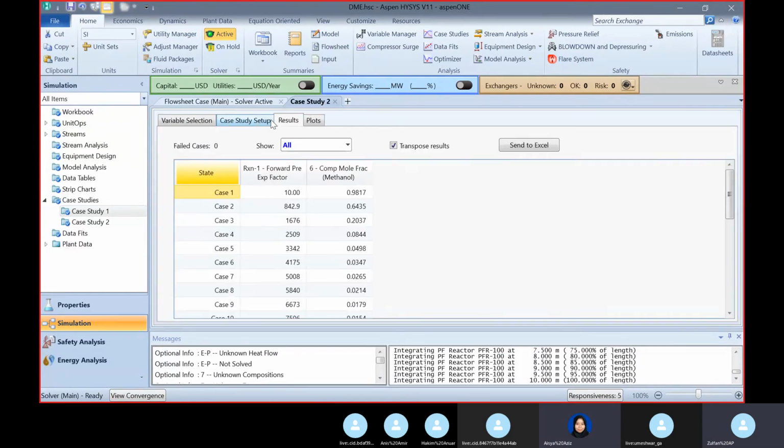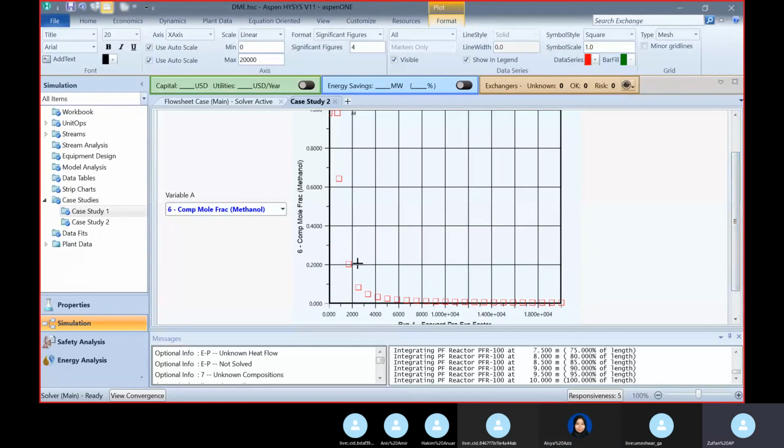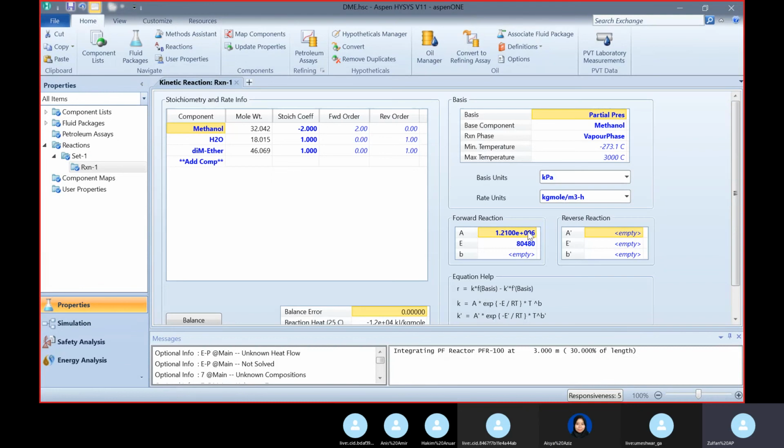Go back to plots. This is 20%, right? Yeah, about 20%. So the exponential factor is around 1,700. Yeah, make it 2,000, whatever, it doesn't sound nice otherwise. Okay, make it 2,000.